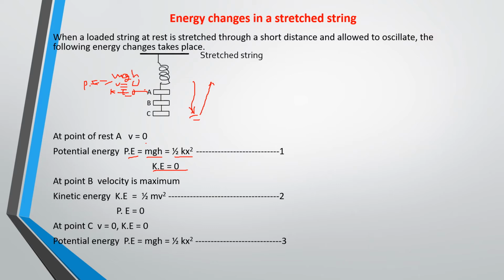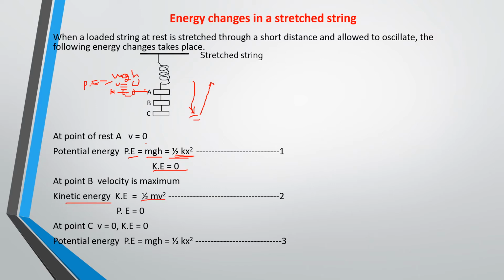Okay, so when we are going to discuss Young modulus and elasticity of material, we're going to discuss more on this formula, right? So at point A, kinetic energy is equal to 0, potential energy is equal to mgh. At point B, there you have the point of maximum velocity, just like in the simple pendulum.